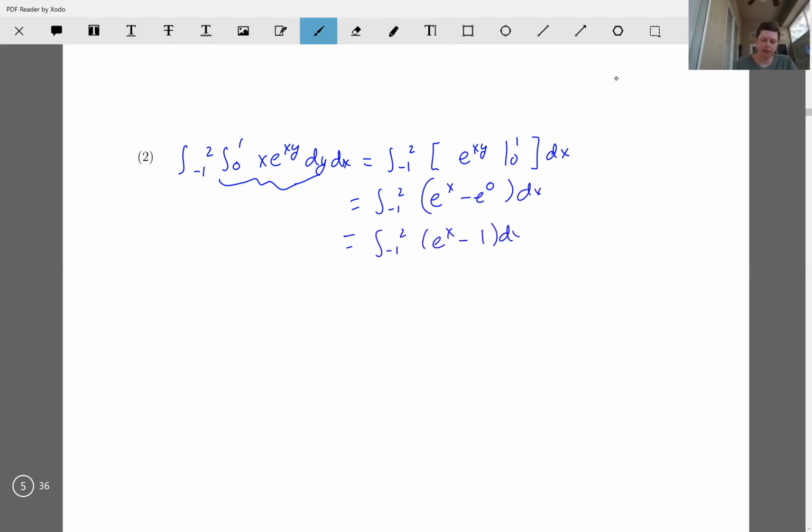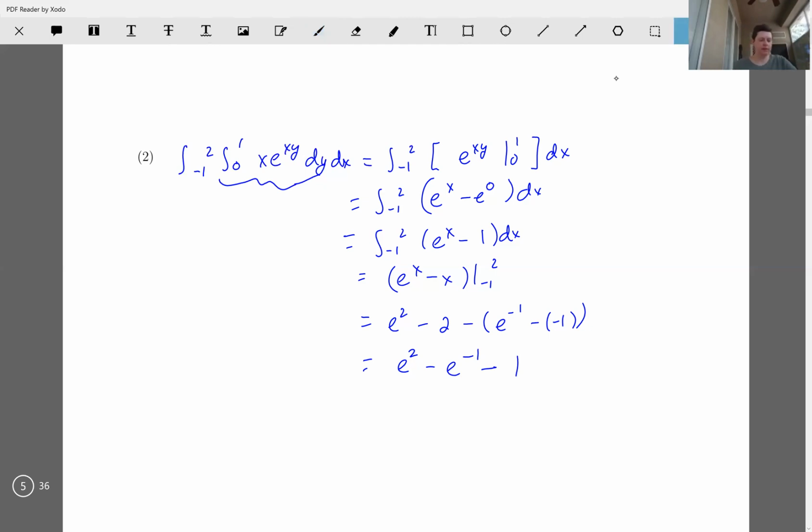And the integral of that is e to the x minus x, evaluated at the limits. So I get e squared minus 2 minus e to the minus 1 minus a -1. So I get e to the 2 minus e to the -1 minus 1. Let's see, minus a minus a minus. Wait, that's a plus. Oh, that's -3. Sorry.